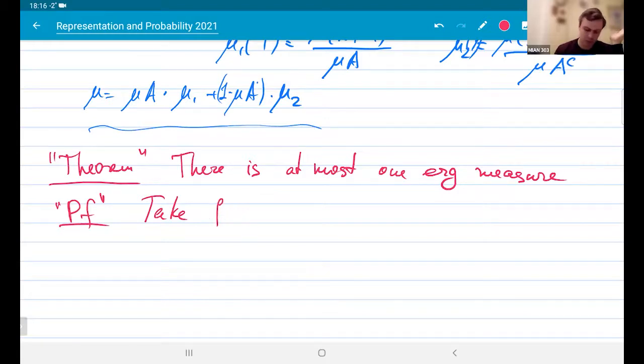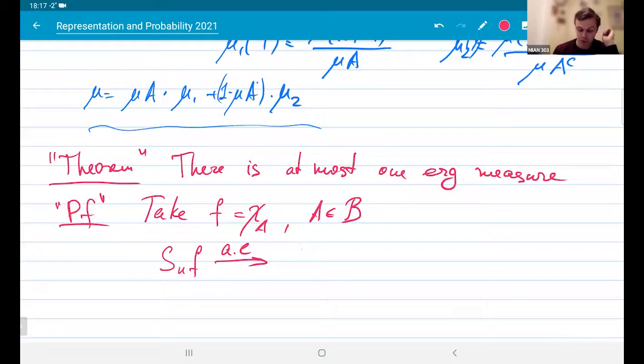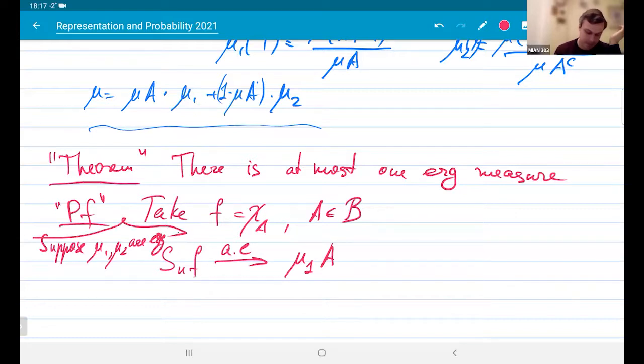For example, you can take f such that it is an indicator of some measurable set A. Then you know that S_n f converges almost everywhere to mu1 of A. So suppose there are two. And then I want to say that they are the same.